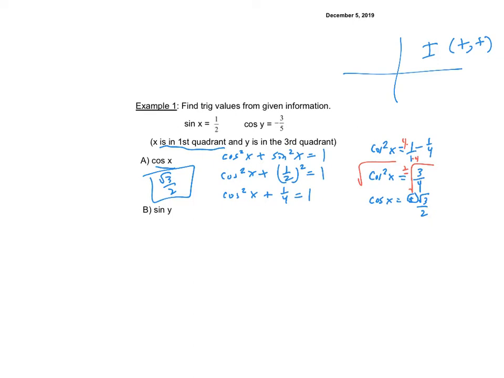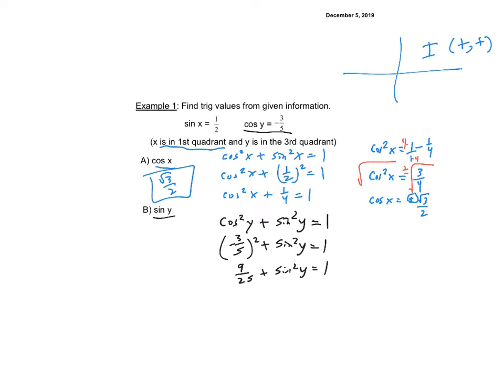All right, so let's find the sine of y. Make sure you're using the cosine of y to go with the sine of y to find it. So this time I have to do cosine squared y plus sine squared y equals 1. I can put my cosine value of negative 3/5 in here. I can square this, I get 9/25.